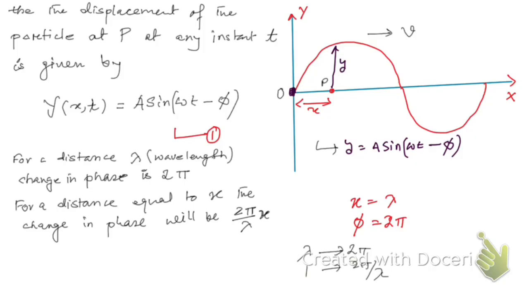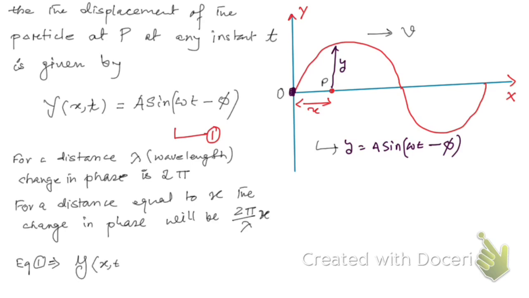When this is x, if you multiply x on both sides, then you will get 2 pi by lambda into x, right? So that is the phase difference. Then equation number 1 implies y is equal to y of x comma t.